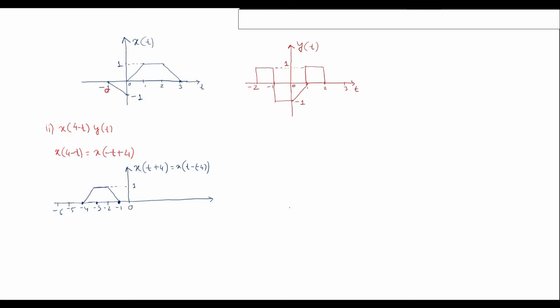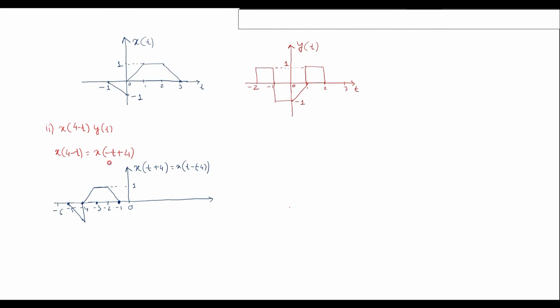Now in between 0 to minus 1, that 0 is appeared here. Now minus 1, minus 4, minus 5 at this point. In between minus 4 to minus 5, we have negative. So this is x of t plus 4 waveform.